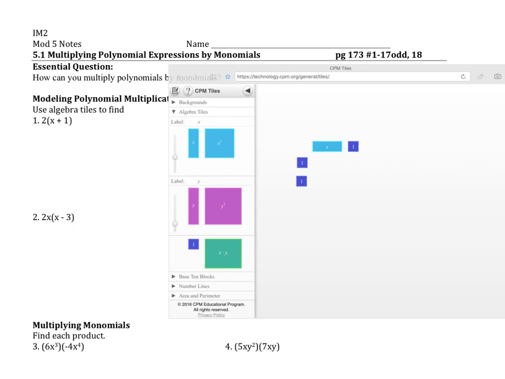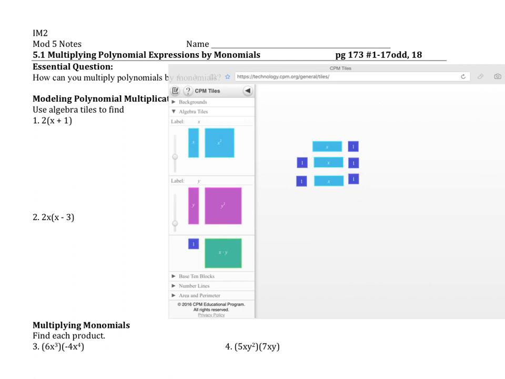A 1 tile times an x tile is 1 times x, that gives me x, and a 1 times a 1 is 1. On the bottom we have a 1 times x as well, and then a 1 times 1.